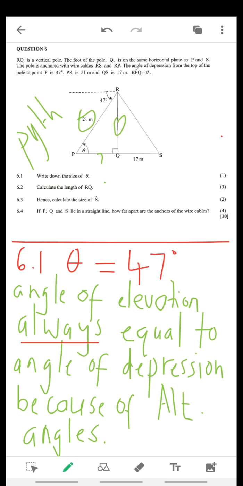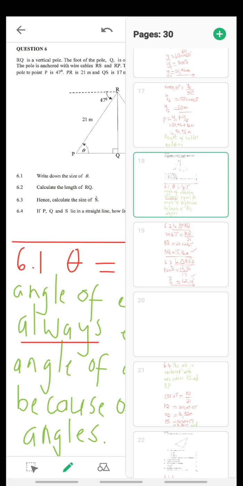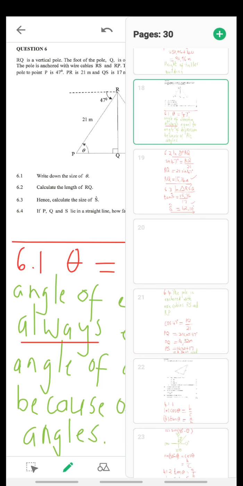So you can say PR squared equals RQ squared plus PQ squared, then find PQ. Now, let us answer the question. We said theta is adjacent to PQ, hypotenuse to 21. That is cos.